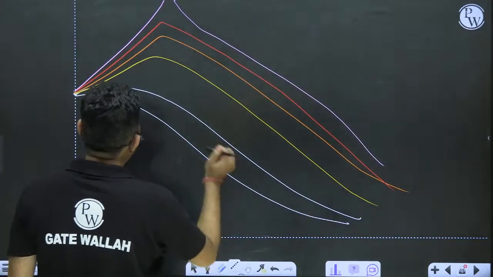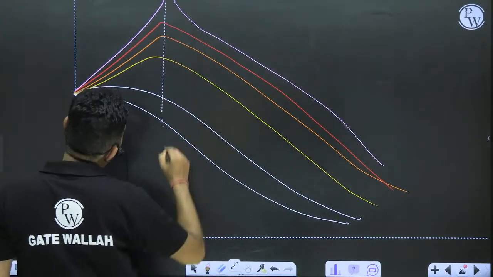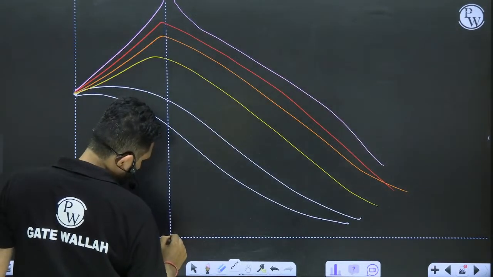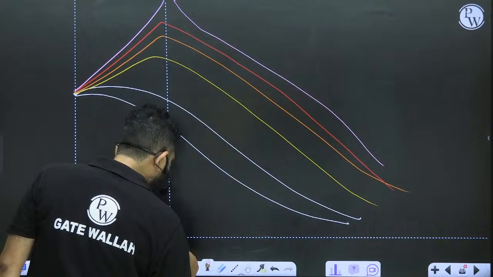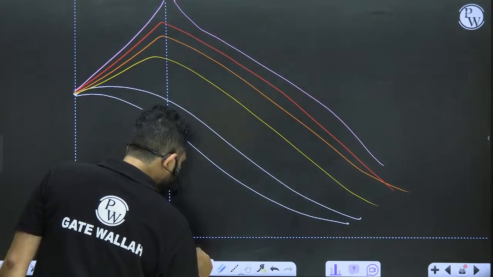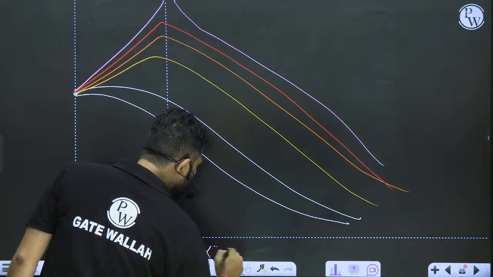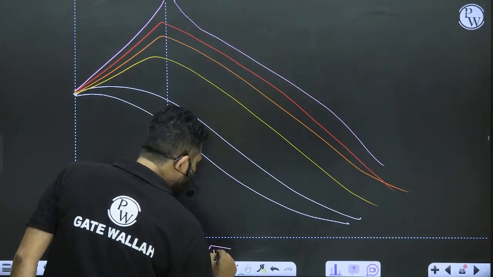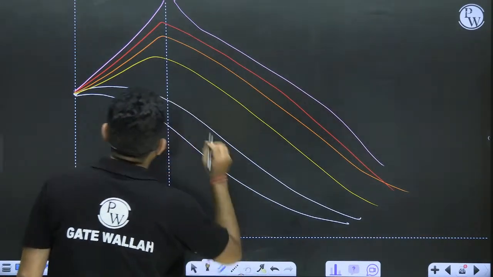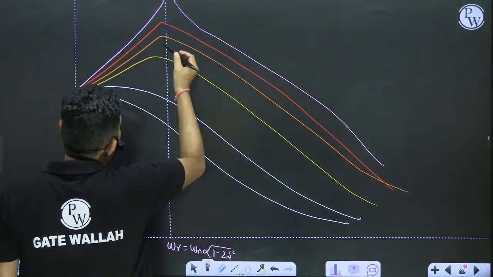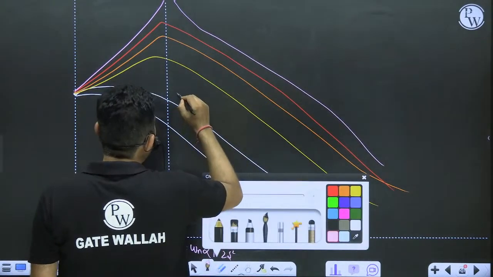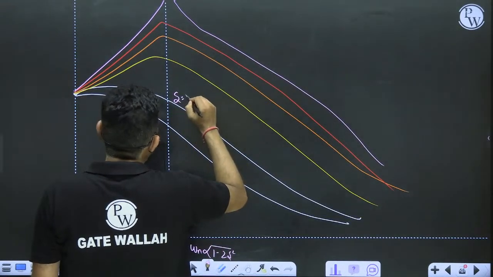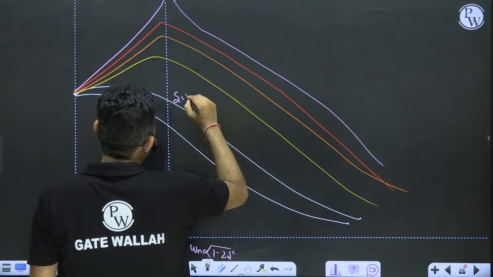So we have evaluated these values as omega r, which is omega n root over 1 minus 2 zeta square, for any zeta. So this is zeta equal to, let's say 1.